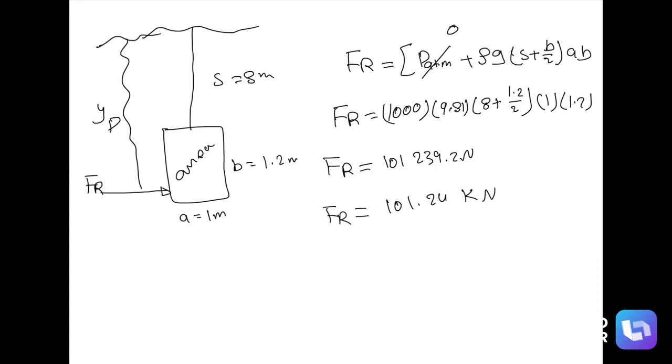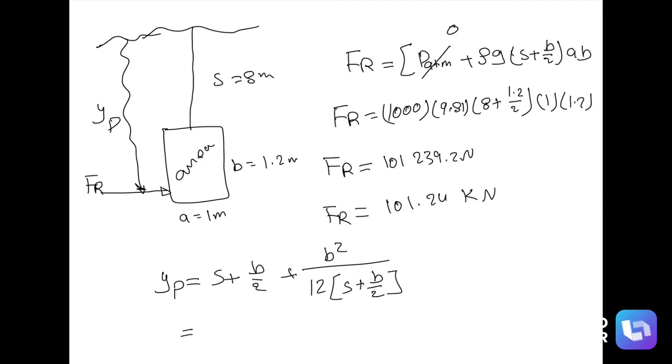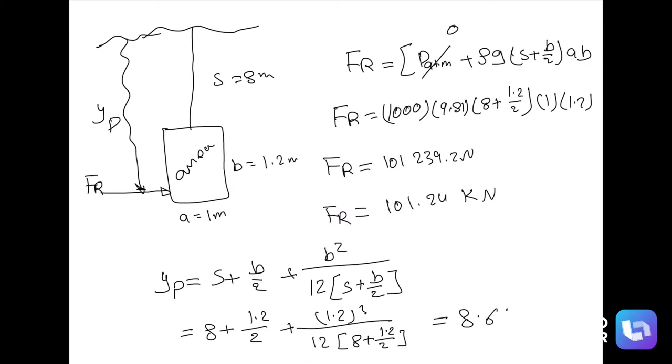Now we can find the location of the pressure center. So YP equal the depth of the centroid, S plus B divided by 2, plus B squared over 12 times S plus B divided by 2, which is equal to 8 plus 1.2 divided by 2, plus 1.2 squared all over 12 times 8 plus 1.2 divided by 2, which is equal to 8.61 meter.